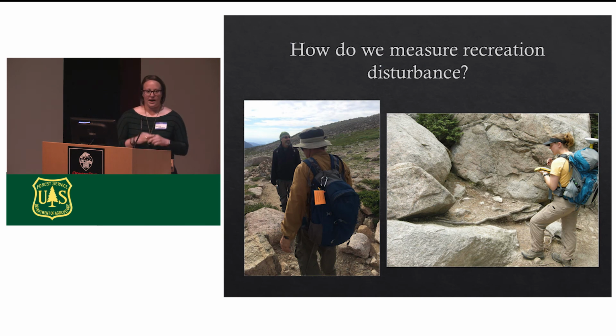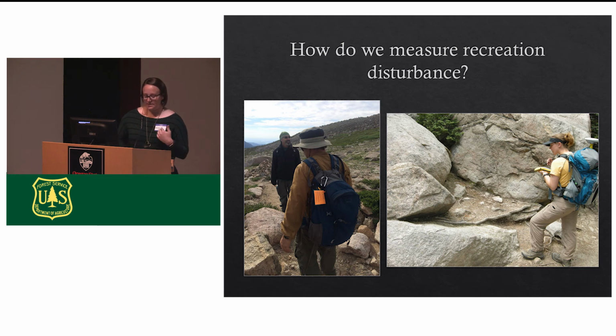So how do I measure recreation disturbance? The main method that I use, and I think you'll see a couple other talks today looking at this method as well, is using GPS and GIS technology. In the photo on your left, you can see a little yellow tag on that gentleman's backpack. That's a small GPS unit that we have given this recreationist to see exactly where they went during their recreational activity.